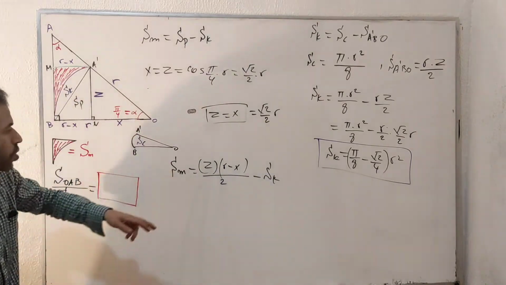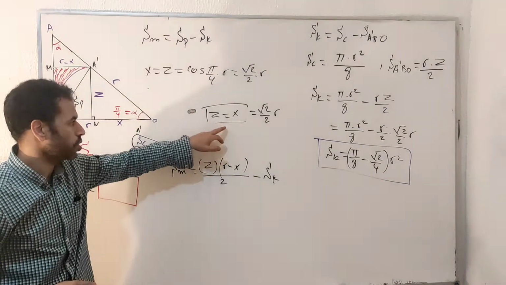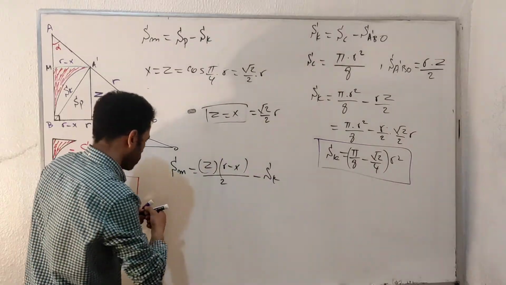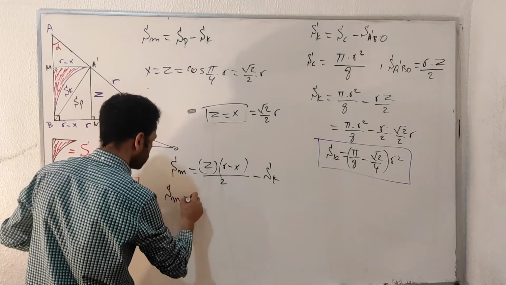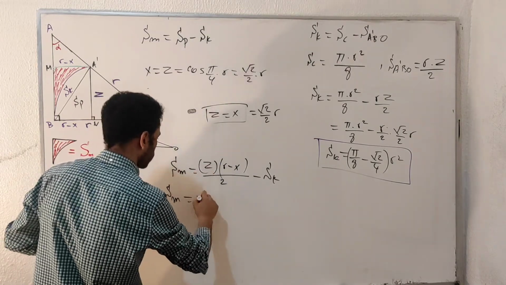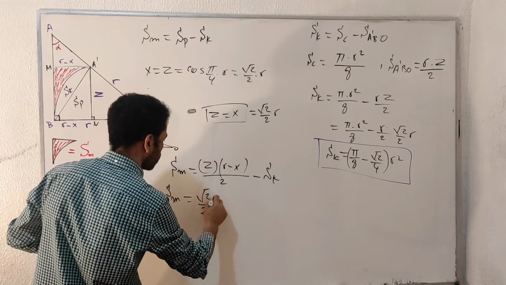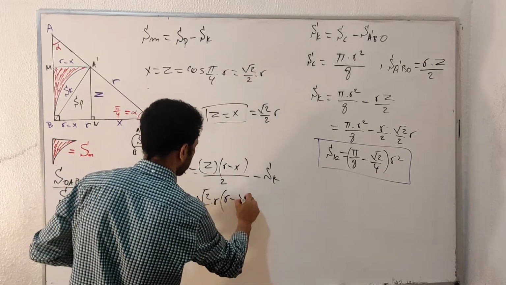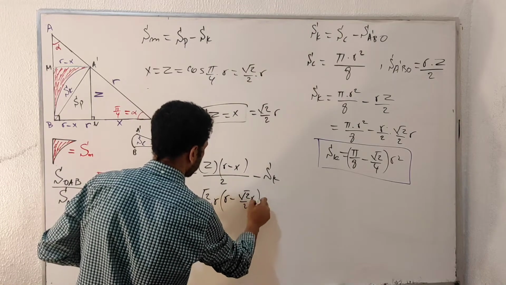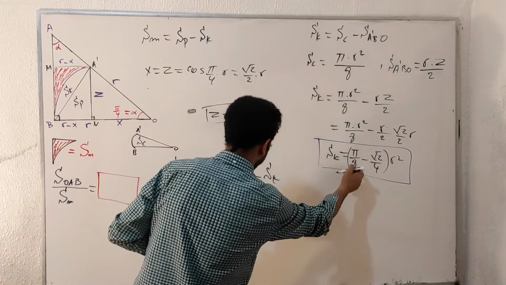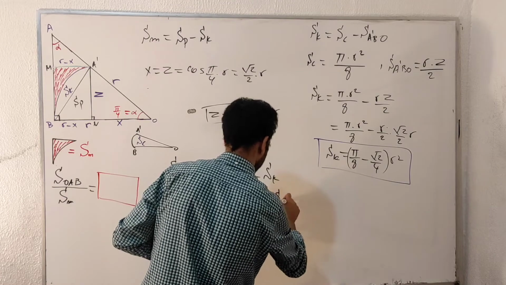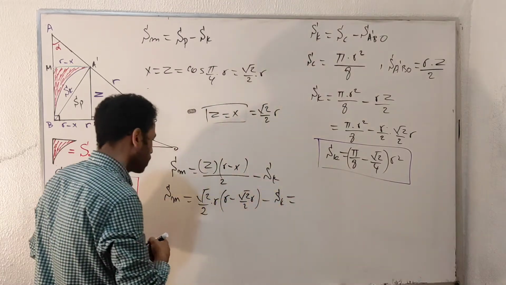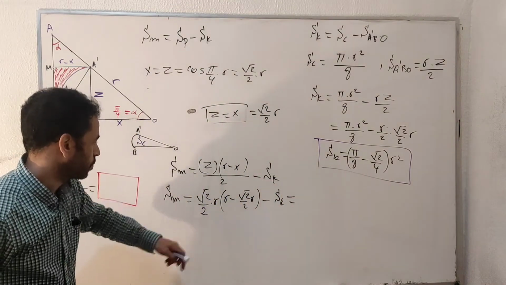I'm simply going to replace x with z with this value, so which means Sm equals, z equals square root of 2 over 2 r, multiplied by this difference, r minus square root 2 over 2 r, minus Sk, which will be replaced with this one. So I'm going to simplify this one.